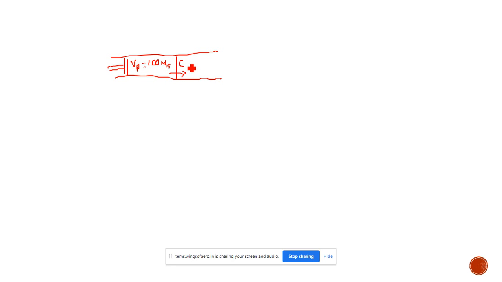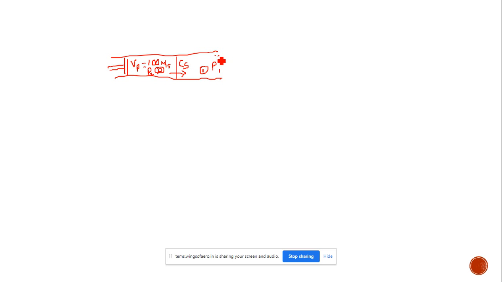That's why they are asking to find the wave speed, that is Cs, and also the pressure at the face of the piston. Here we will consider region 1 and this is region 2. So this will be the pressure at the piston face, that is P2. Here it will be P1.